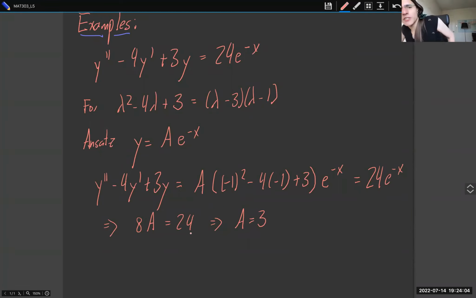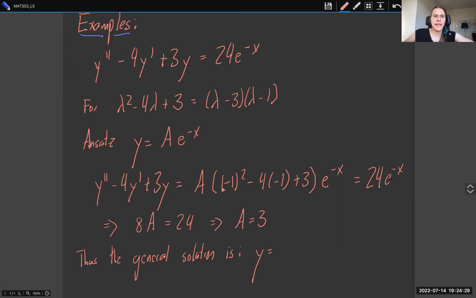And now we want to write down the general solution to this system, right? We have found using our ansatz a particular solution. But what is the general solution? Let's write down our particular solution. It's 3 e^(-x), and then I write plus c times what?